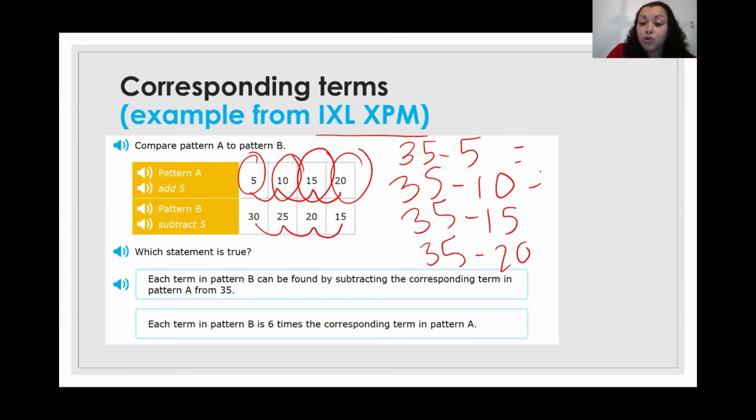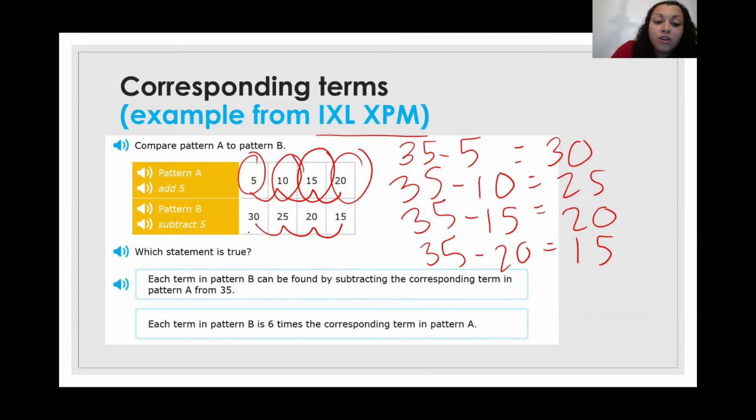Again, we're subtracting the corresponding term in pattern A from 35 to see if we get pattern B. So 35 minus 5 is 30, 35 minus 10 is 25, 35 minus 15 is 20, 35 minus 20 is 15. And we can see here 30, 25, 20, 15, it checks out. It matches for all of the corresponding terms. So this one is correct.